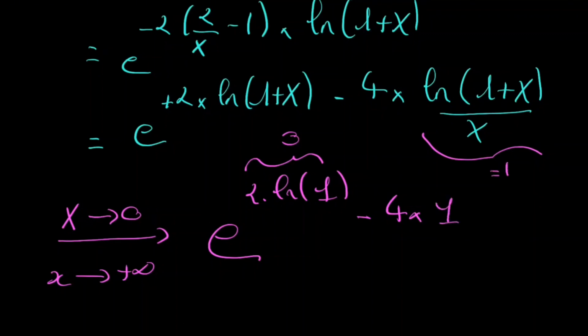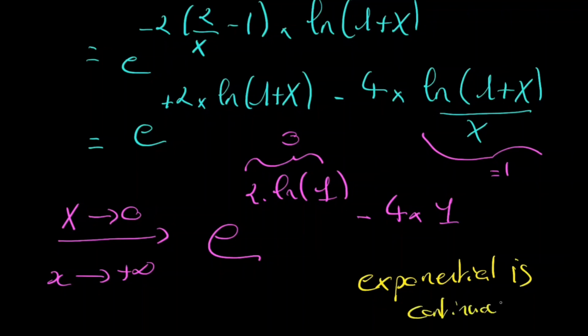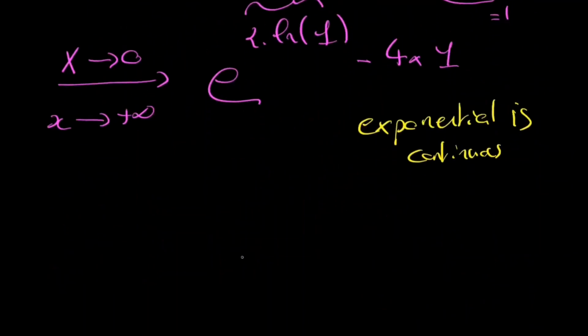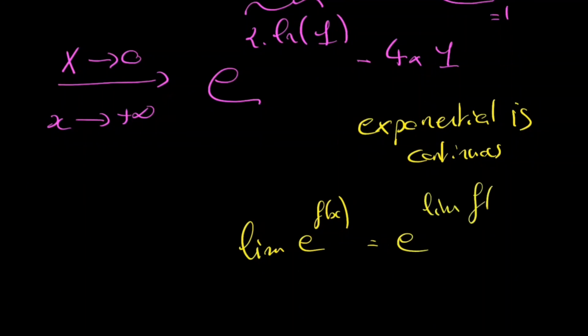So why can we put the limit inside of the exponential? This is really important, because exponential is continuous. So we can say that the limit of exponential of f of x is equal to exponential of the limit of f of x, because exponential is continuous.